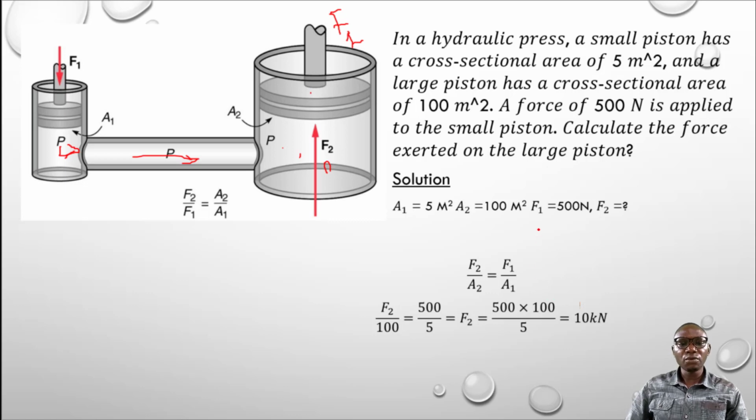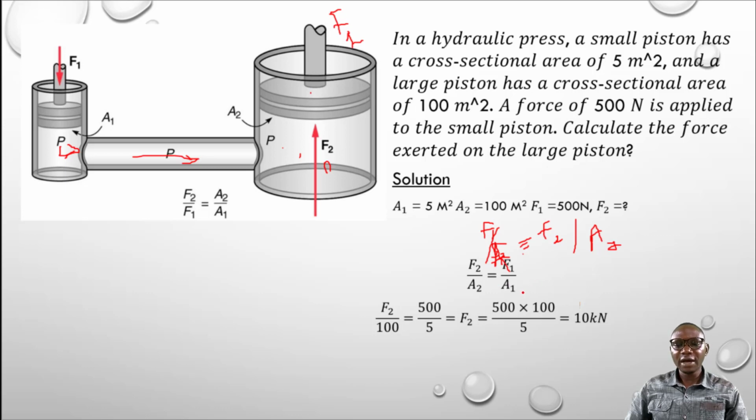So if we are to calculate it, recall I said pressure at this point equals pressure at this point. So the formula now is F1 over A1 equals F2 over A2. Can you see? That is the formula that we are going to apply.